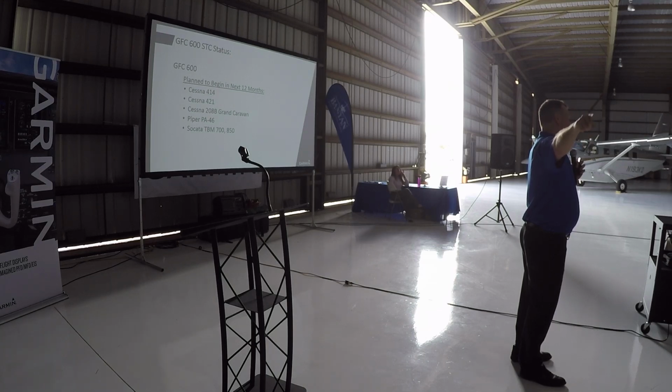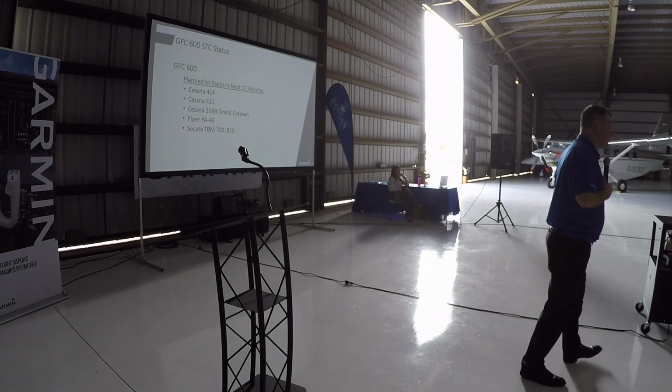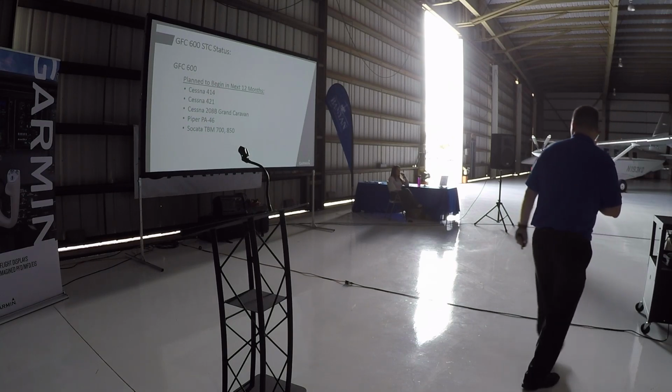That will be for the PT6 engine. So additional PT6 powered airplanes are in the cards. We're looking at other engines as well, but right now the PT6 is where the numbers are; it's a large number of aircraft.